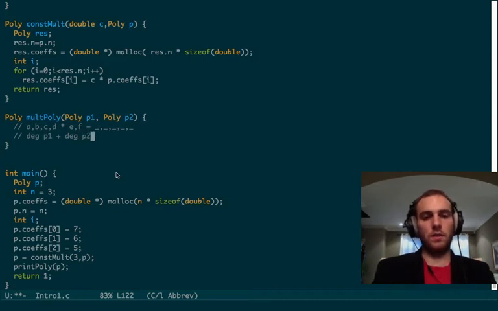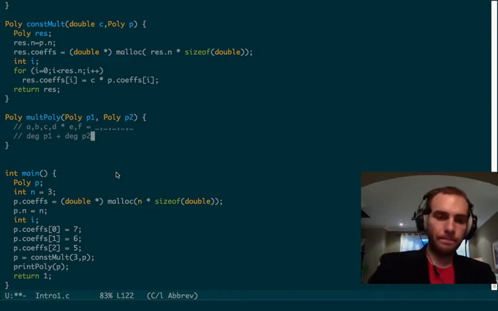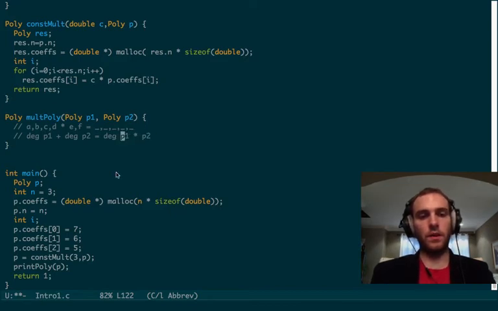Degree just means the number in the power. It's going to be the sum. The degree of the product will be the sum of the degrees of the inputs.